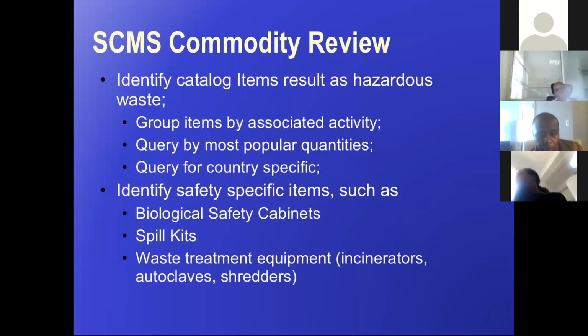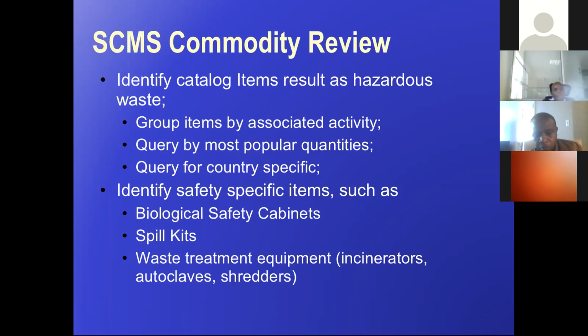Each country usually has its own from their Ministry of Health. One area to address is what's available there, specifically to make sure a proper incinerator is included, and to ensure that at the procurement level a review is conducted to confirm this is the best type of technology available to the country, so that review doesn't have to be done every time a facility is going to procure an incinerator.